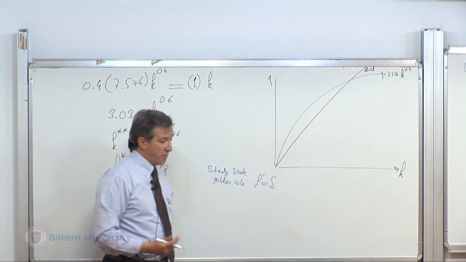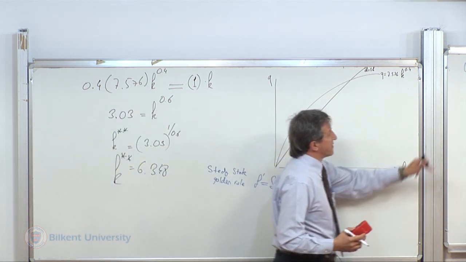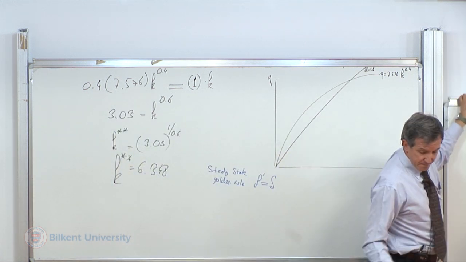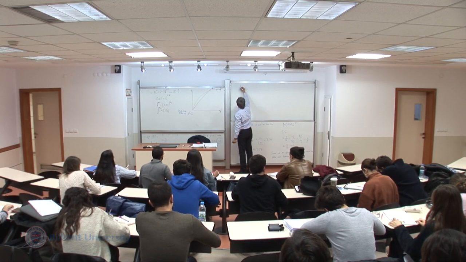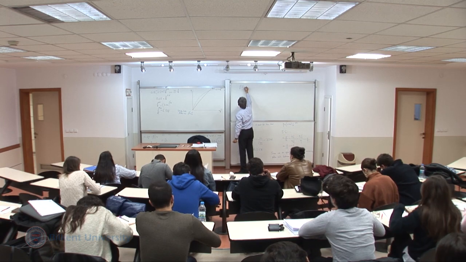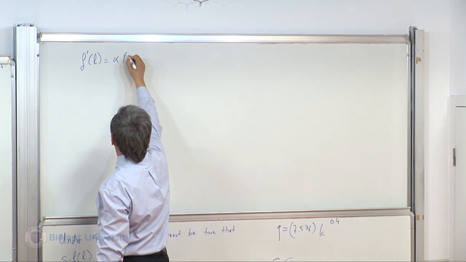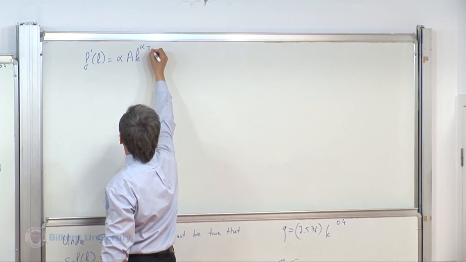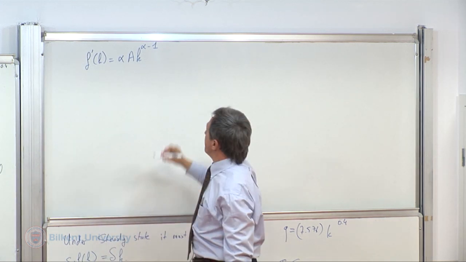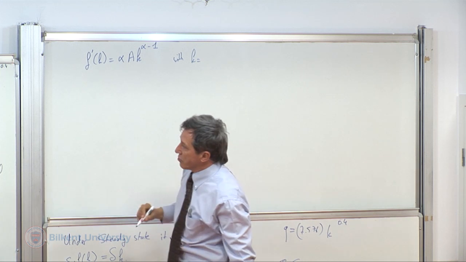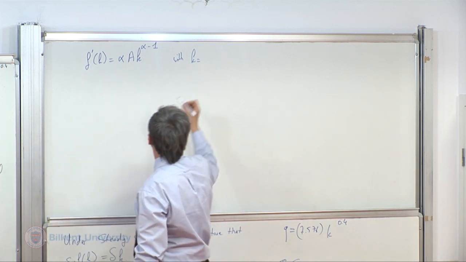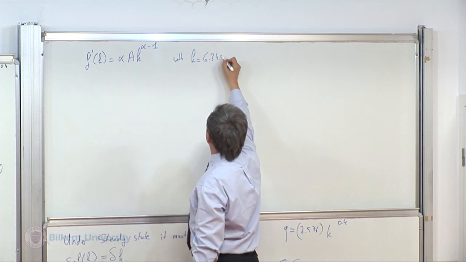That is the property of it. So let's find out what the derivative is. F prime of k is equal to alpha A k to the power alpha minus 1, with k equal to 6.348.